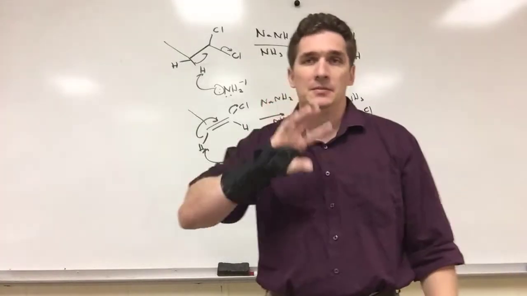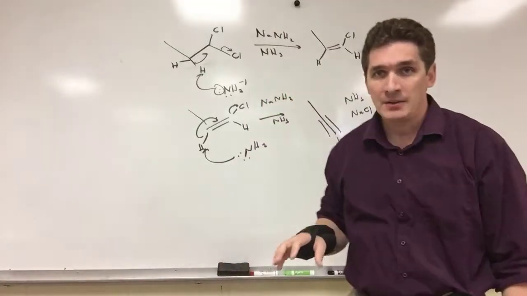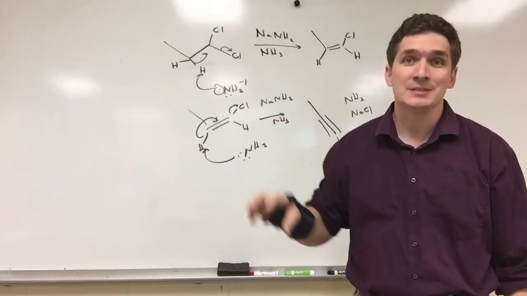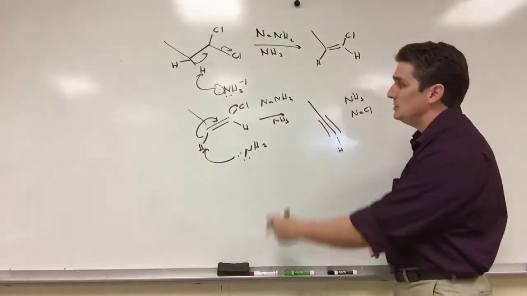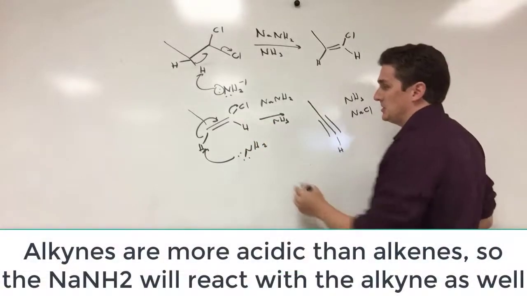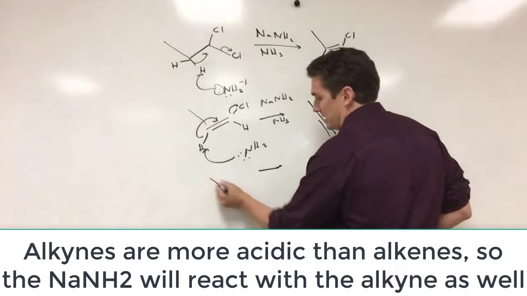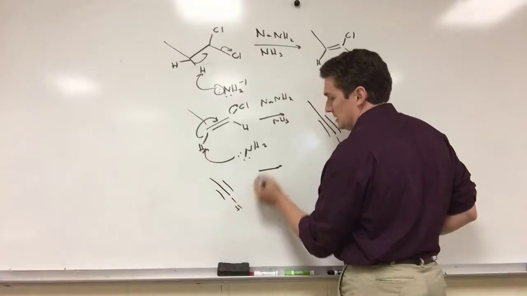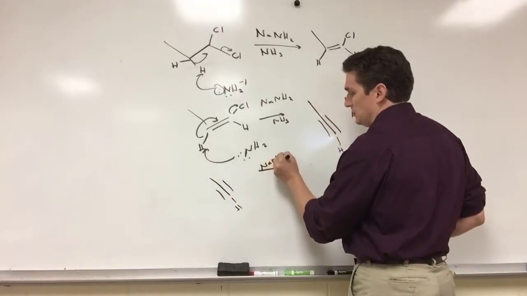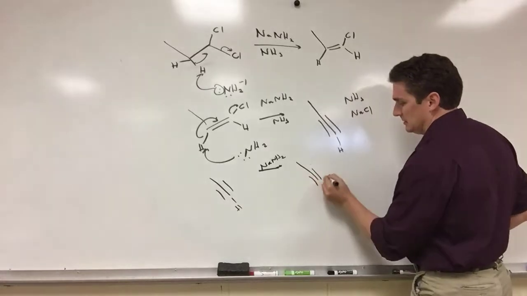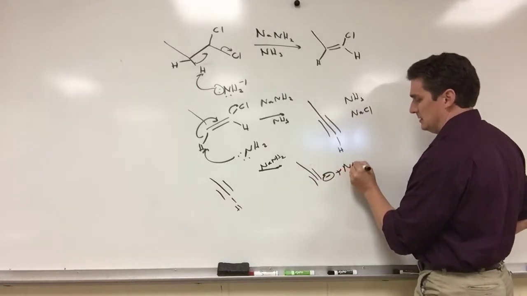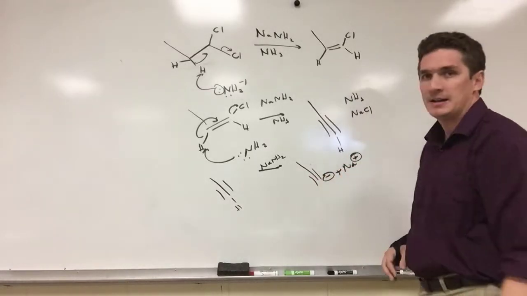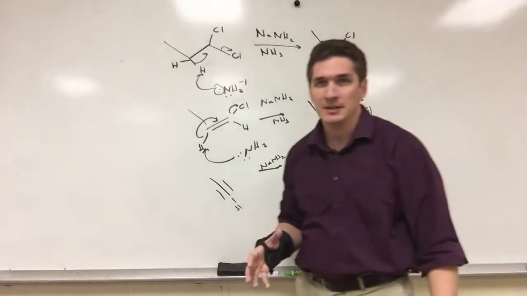Now, note on this, alkynes are more acidic than alkanes. And so if we do end up having a hydrogen here, our next step is actually abstraction, and we can't stop this with the NaNH2, and so we actually end up forming this ion, or this organometallic complex.